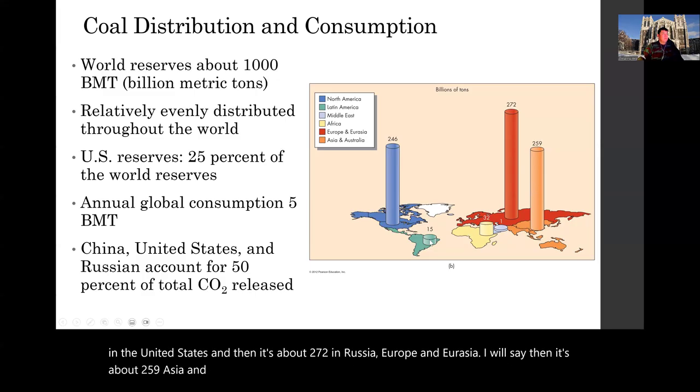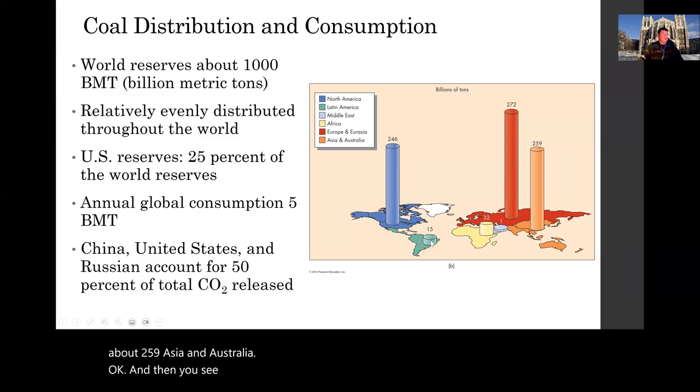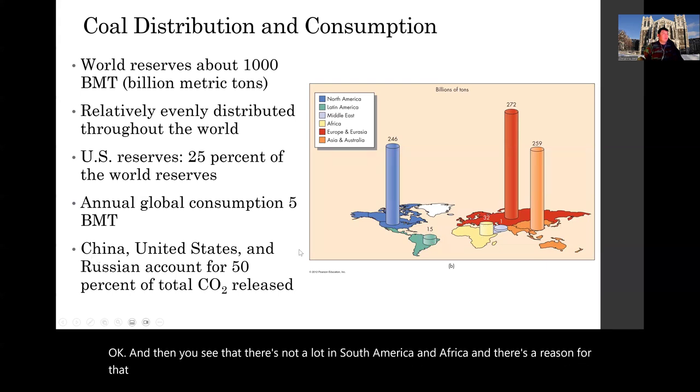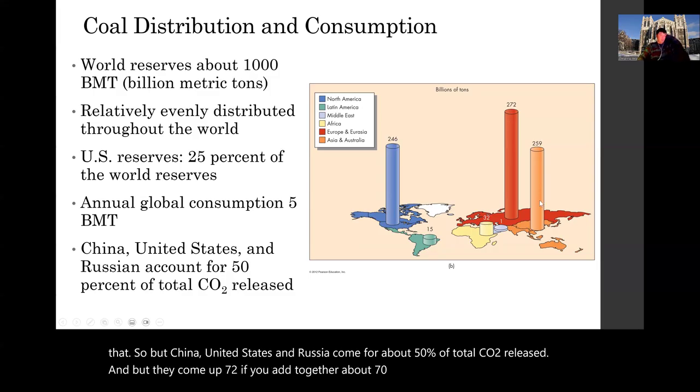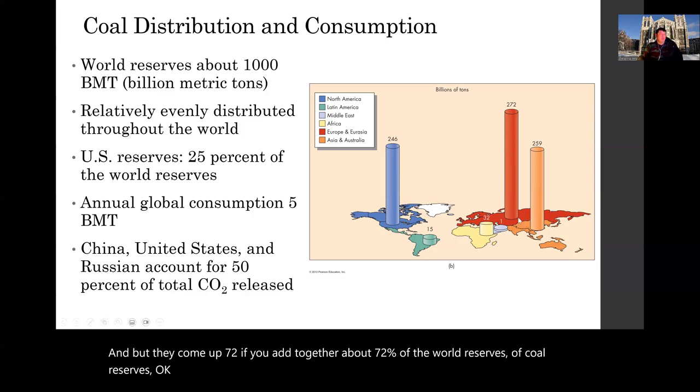You see that there's not a lot in South America and Africa, and there's a reason for that. China, the United States, and Russia account for about 50% of total CO2 released, but together they hold about 72% of the world's coal reserves. And why do they occur mostly in the northern hemisphere?